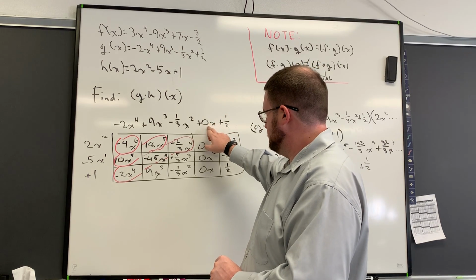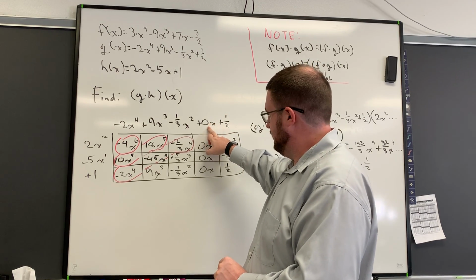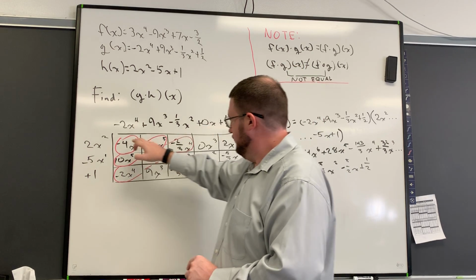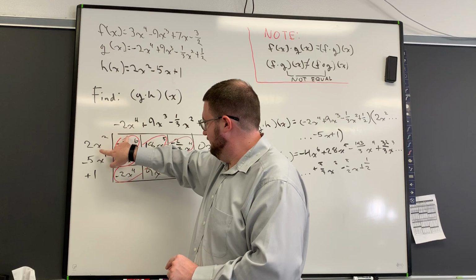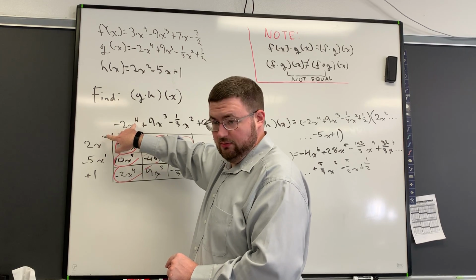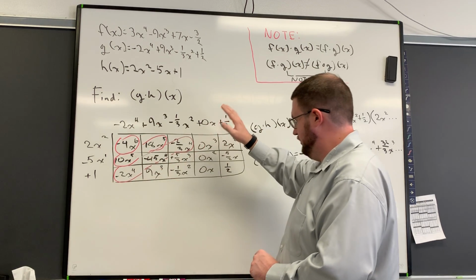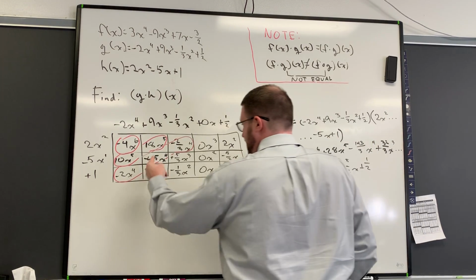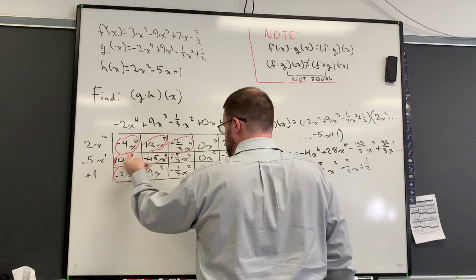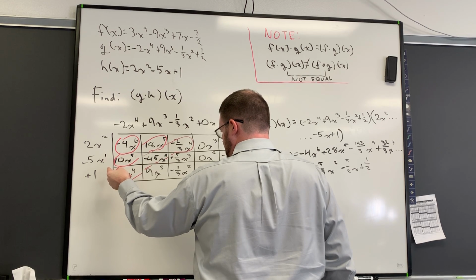I used my placeholder because that makes my like terms line up. Multiplied the coefficients, multiplied the variables, and the way I do that is add the exponents. Did all that, combined my diagonals since that's where the like terms were. Remember, when you're combining these diagonals, these are like terms, so you're adding or subtracting the coefficients.